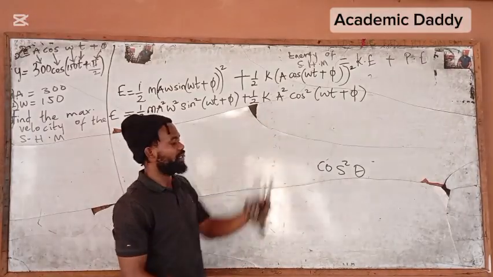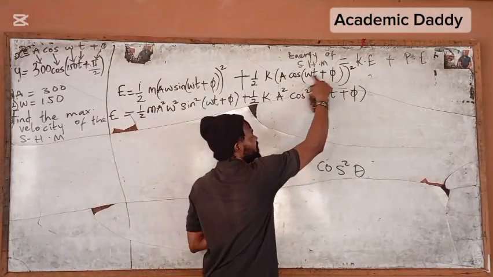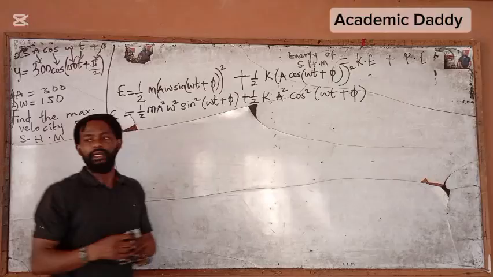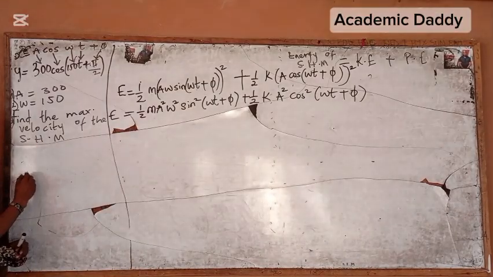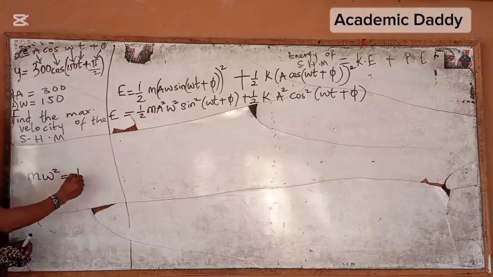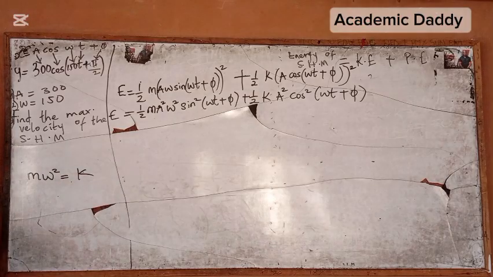Because those WT and the rest are all angles. Everything here means angle. So if I know it, that is where we go back to when we started this class. I told you that mW squared is the same thing as K. Do you still remember?